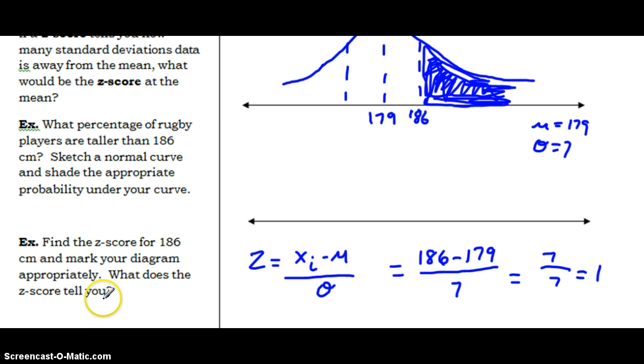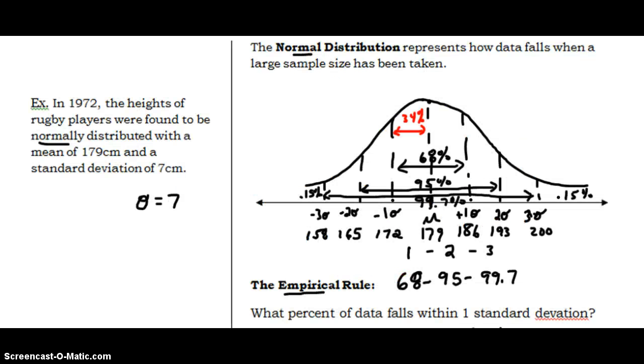So our z-score is telling us where it falls on the normal curve. If it fell in between here, you would expect to have a z-score between 0 and 1, because our mean would have a 0 z-score. Our 186 would have 1, and then remember from the previous notes, 2 standard deviations. So if we got a z-score of 2, that would be 193.